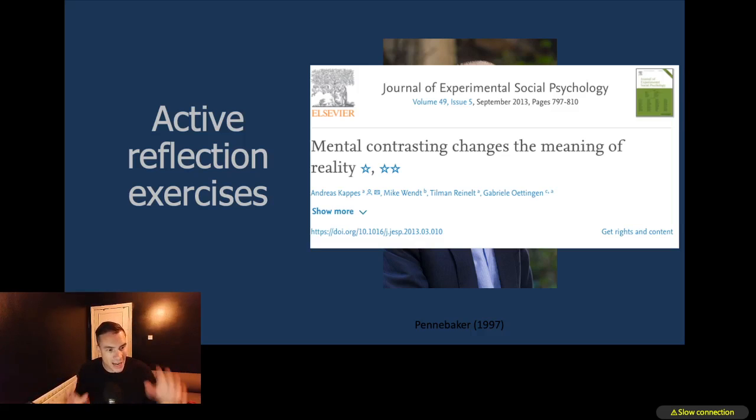By this kind of guided reflective exercise, by contrasting in your mind a desired future and the obstacles that stand in the way, you can have powerful effects not only on the way people perceive or attach meaning to their reality, but also on their commitment to take action. Okay.